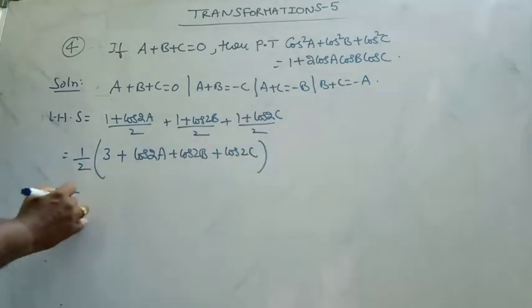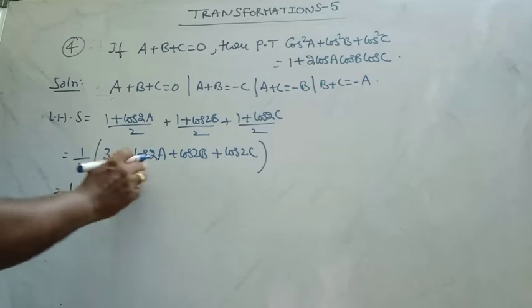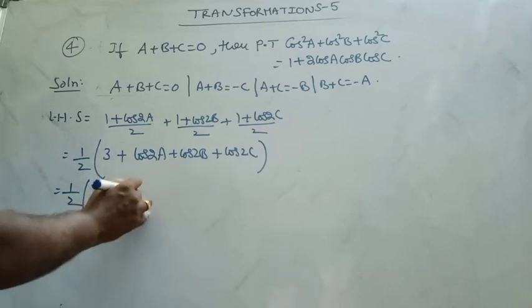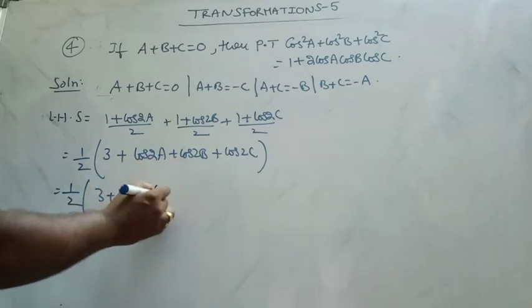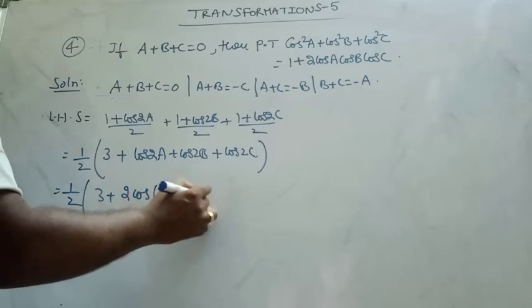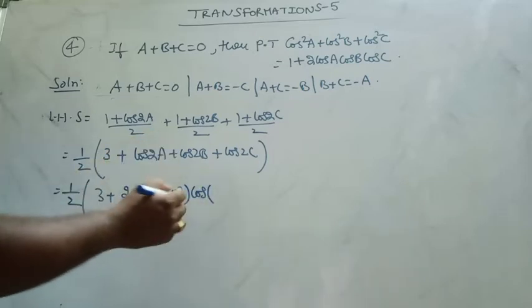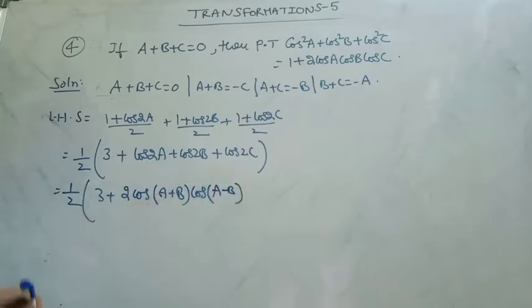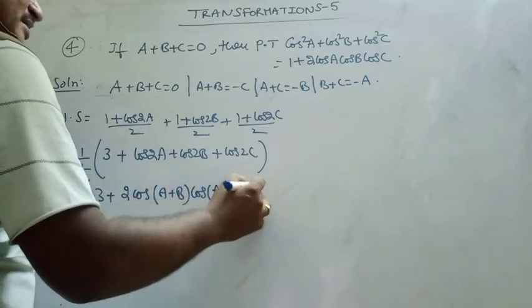Now this is equal to 1 by 2 times of 3 plus cos 2a plus cos 2b. If we apply the cos c plus cos d formula, that is 2 cos of (c plus d) by 2 into cos of (c minus d) by 2. So (2a plus 2b) by 2 is a plus b, and (2a minus 2b) by 2 is a minus b, plus cos 2c.